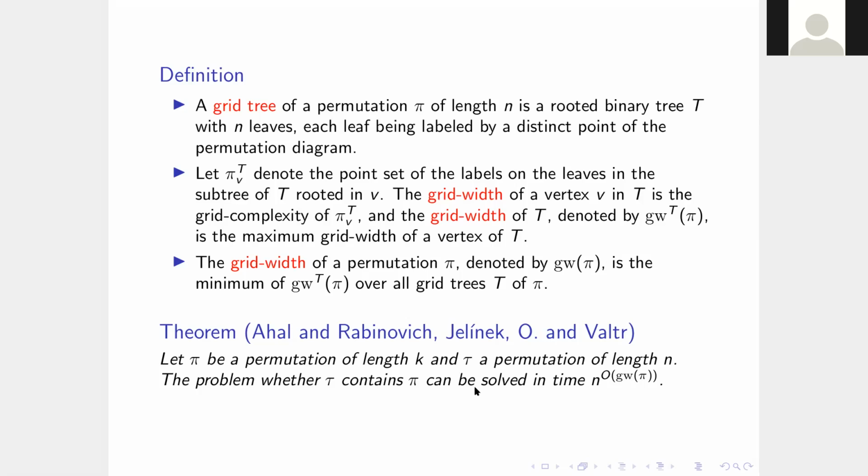This follows from, well, Guillemot and Marx first showed that this holds for a different parameter called tree complexity, and later Jelínek, Opler, and Walter showed that grid width is in fact up to a constant equivalent to this tree complexity. So then this theorem followed.